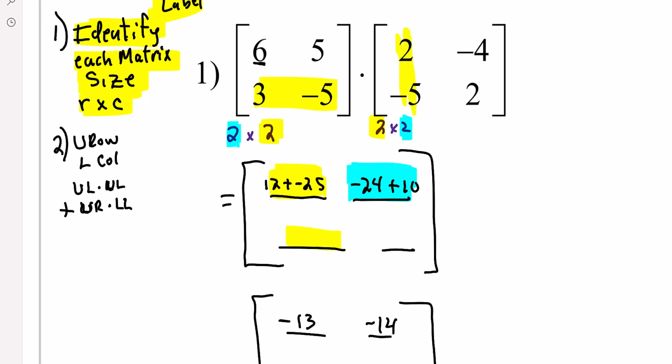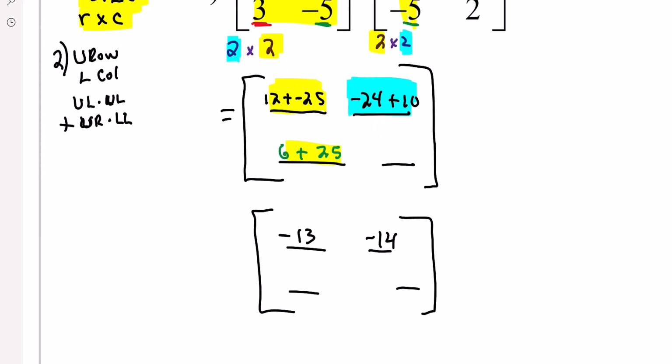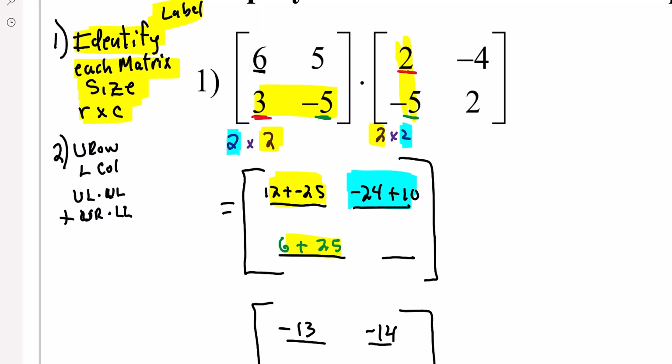You're going to do the same thing. So lower left, so that's 6. And then negative 5 times negative 5 is positive 25. 31.